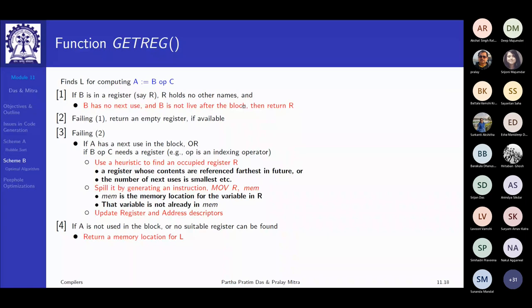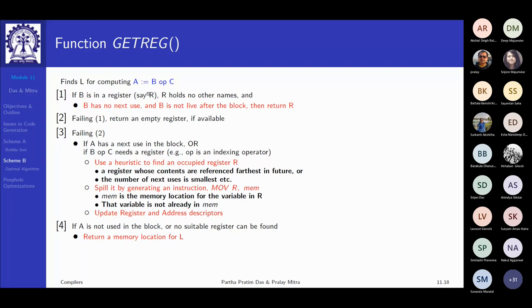So what is the getReg function? The getReg function is called to give us an L, given that we want it for B operation C. What getReg does: if B is in a register, we can find out from its address descriptor, say R, and that register has no other name.